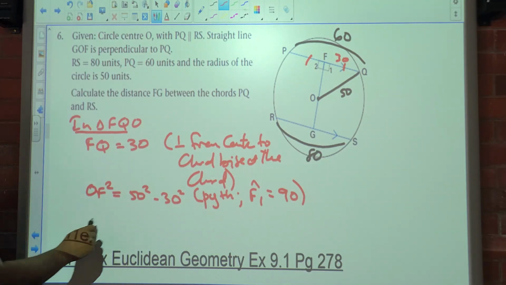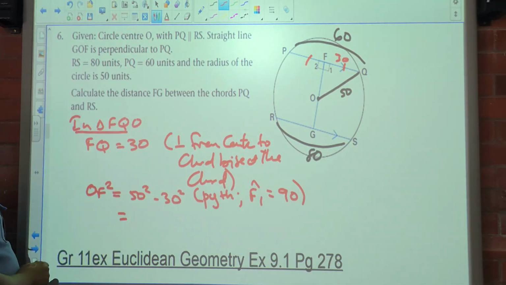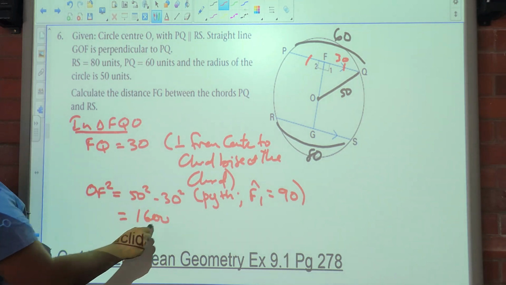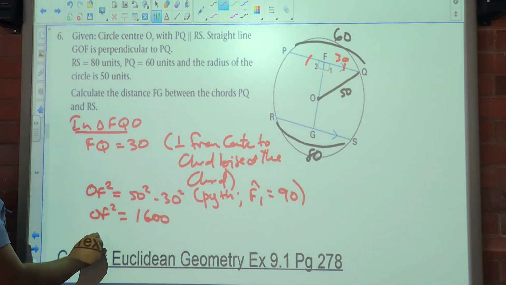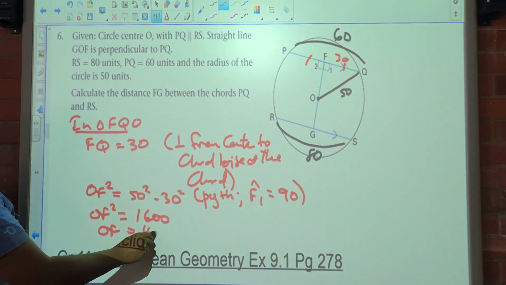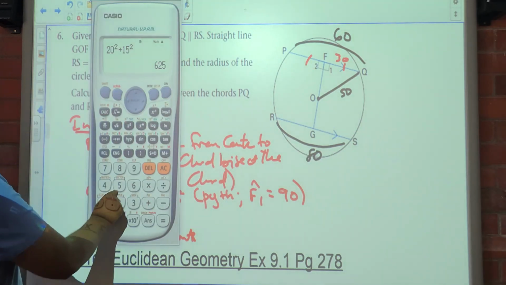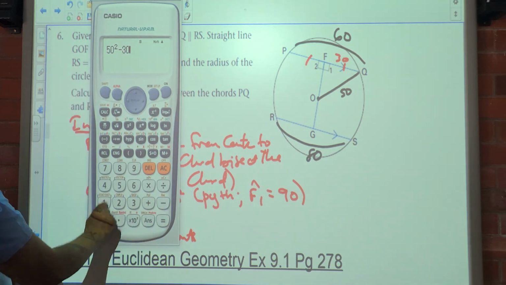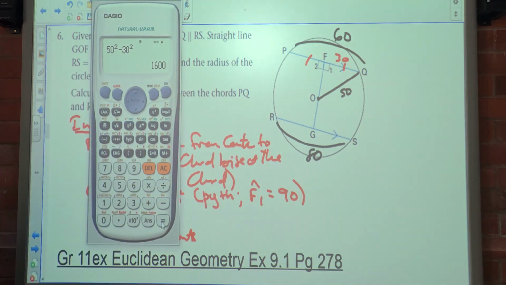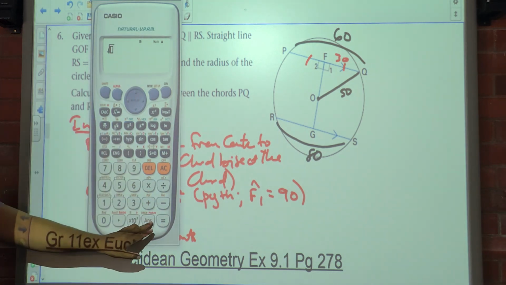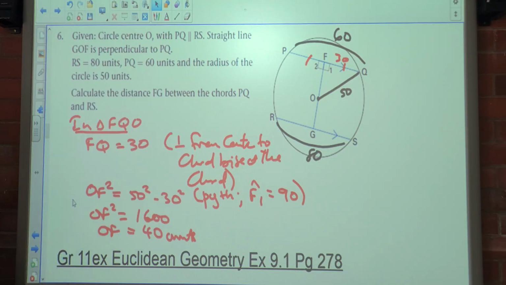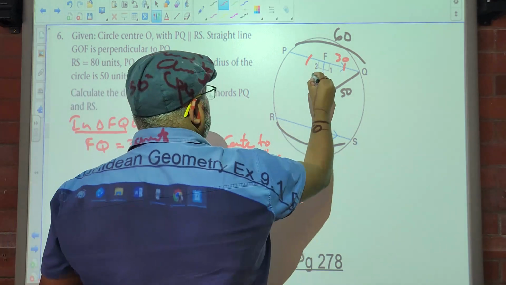So that's going to give us 1,600. Not so? So the square root thereof is going to give us 40 units. Okay, 50 squared minus 30 squared, and the square root thereof is 40. So OF is 40.